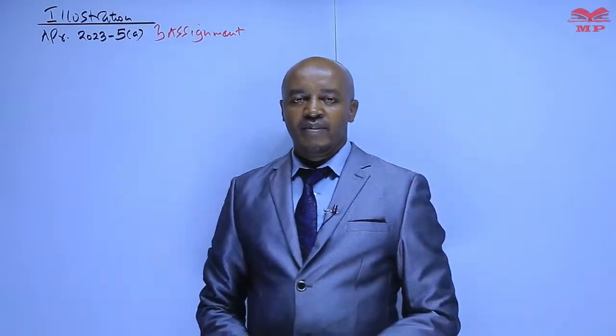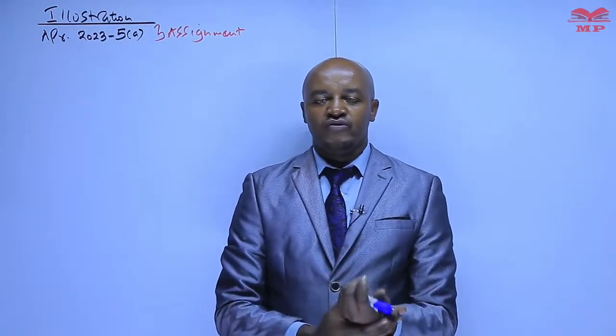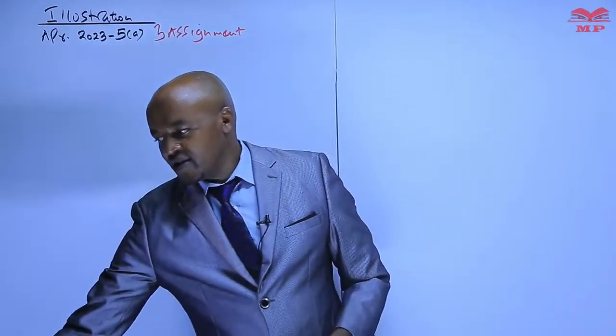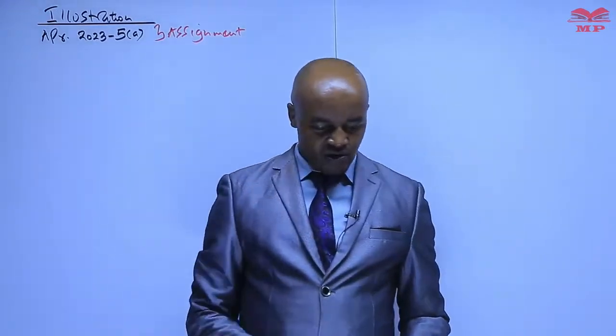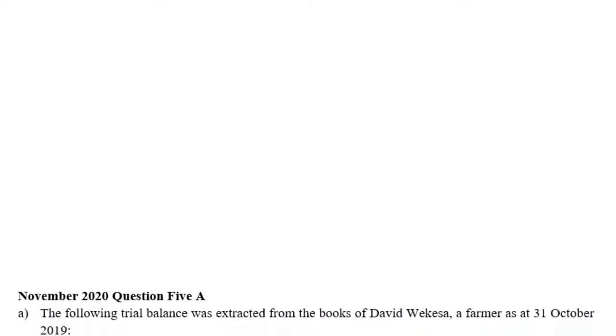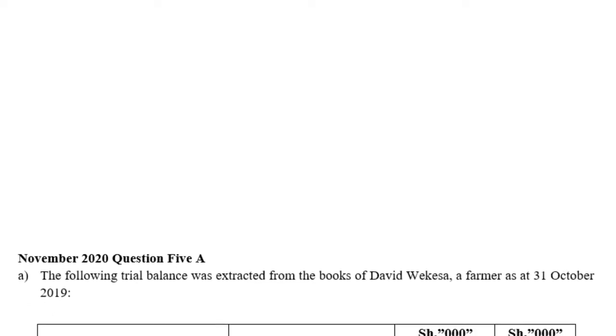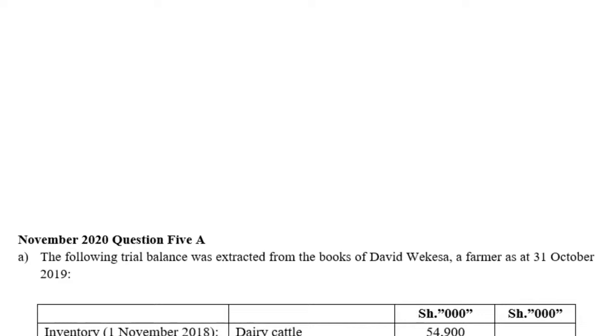Now, for the purpose of illustration regarding preparation of financial statements, I want us to look at a question which is here, and I can go through it. The question reads: the trial balance was extracted from the books of David Wekesa, a farmer, as at 31st of October 2019.